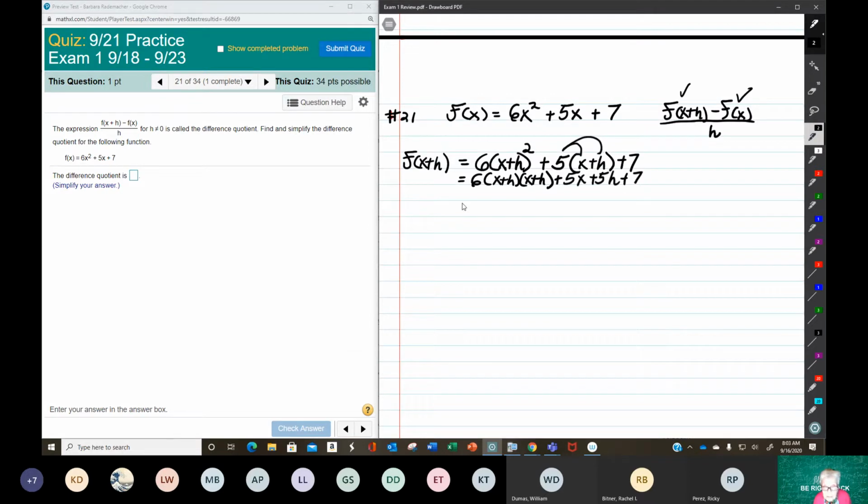Okay, now I'm going to have 6 times, and I'm going to calculate what this is. So I'm actually going to come down an extra line so that I can write larger. Because how we're going to multiply this is I take this x and I multiply it by that x, this x and multiply it by that h, this plus h and multiply it by that x, and this plus h and multiply it by this plus h.